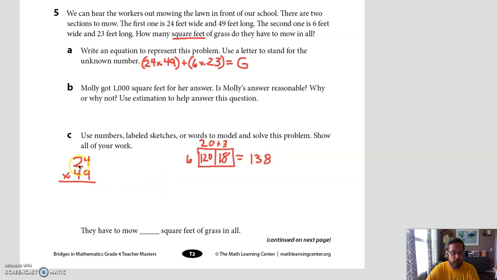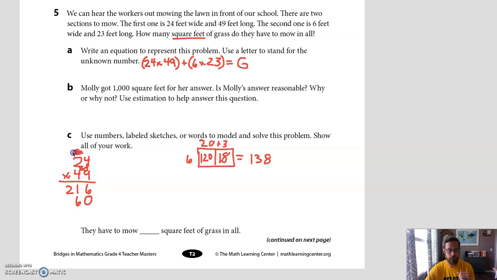Now let's do 24 by 49. 9 times 4 is 36, so I put my 6 and I carry my 3. 9 times 2 is 18, plus 3 is 21, and there's nothing else to multiply, so I put the whole 21 down. Now I multiplied the 9 by both of these numbers, so I'm doing the 4 that's in the tens place. I go to the next row, start by putting a 0 here, and then I do 4 times 4 is 16.